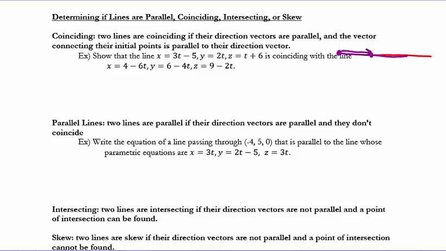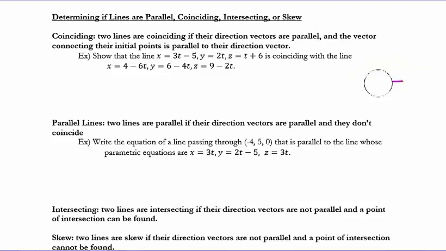Is that vector parallel to the direction vector? Absolutely. Now, why does that make these coinciding and not parallel? Because parallel lines would have the same direction vector. Here's two parallel lines. Their direction vectors are obviously parallel, but the vector connecting their initial points is not parallel to that direction vector, because it's kind of one hovering over the other.